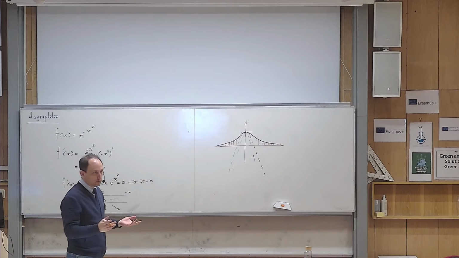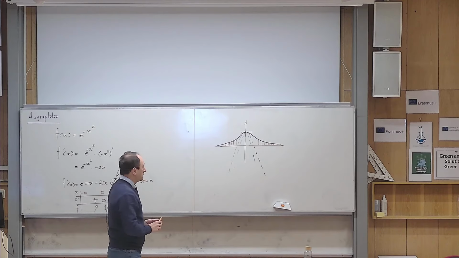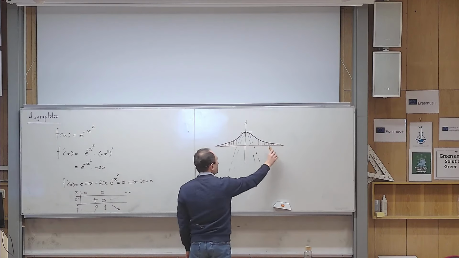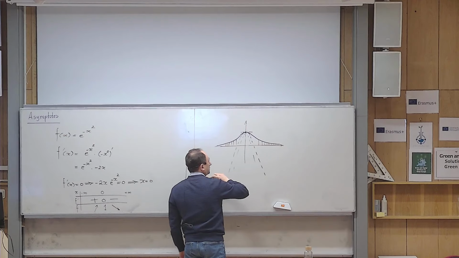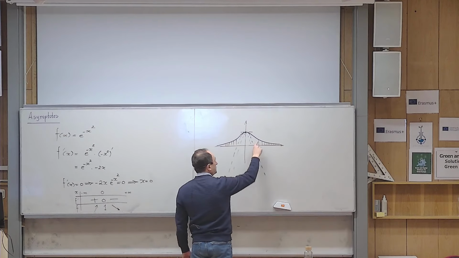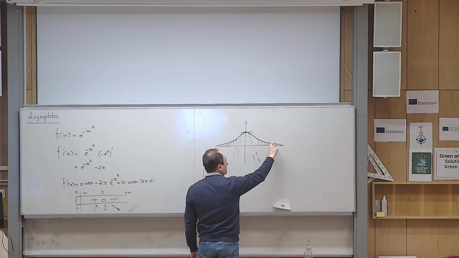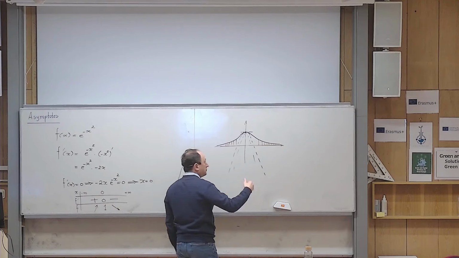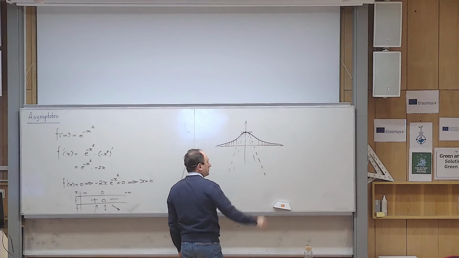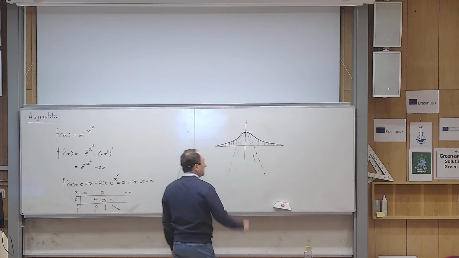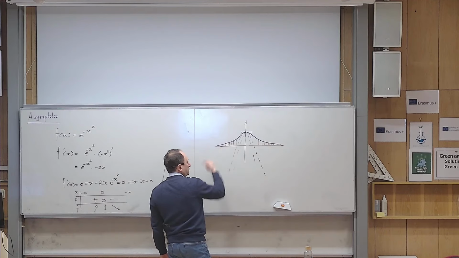Okay, that's it. So this line is an asymptote for that function because the deviation between the function and this straight line becomes smaller and smaller, and eventually it becomes negligible if I really go far to the right and far to the left for this case.